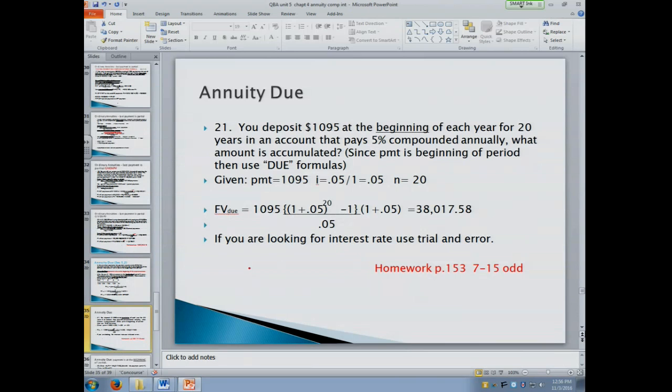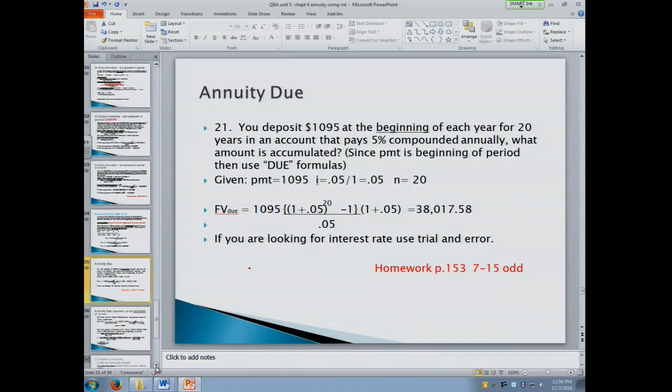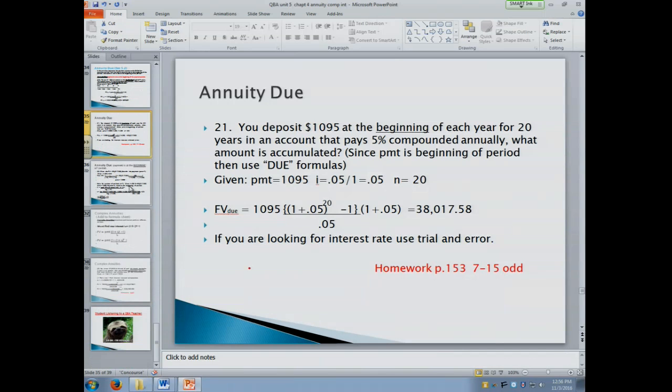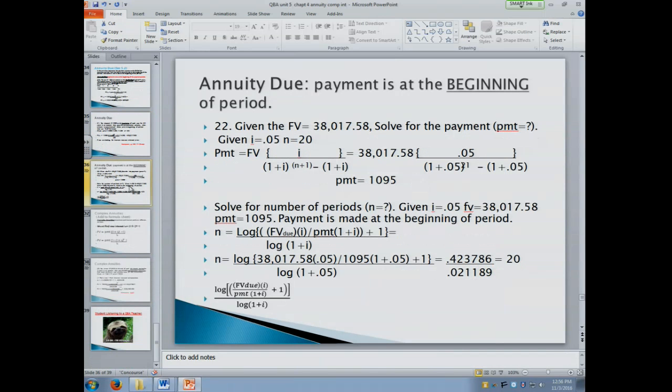Now, I would like you to go and do the homework here on page 153. Now I'm giving the future value, and you're solving for the payment.